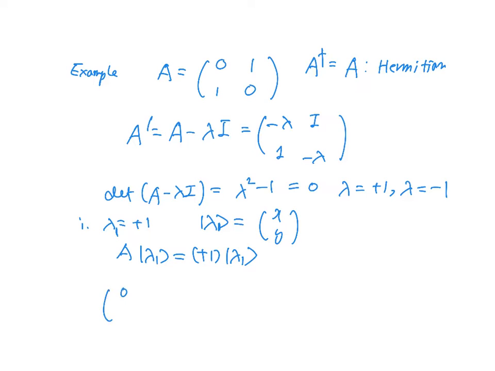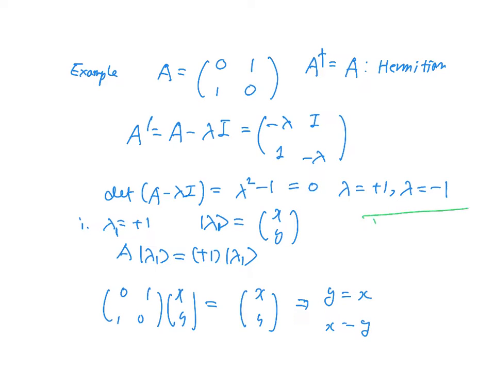Or the matrix 0, 1, 1, 0 times x, y is equal to x, y, which means y equals x and x equals y. So you can have arbitrary solutions. What you can do is set x equal to 1, then lambda 1 is simply 1, 1.